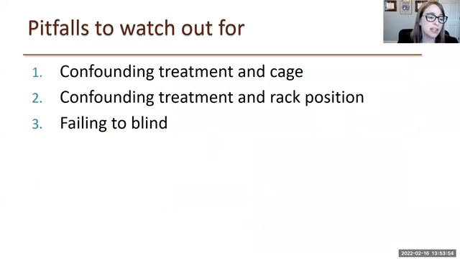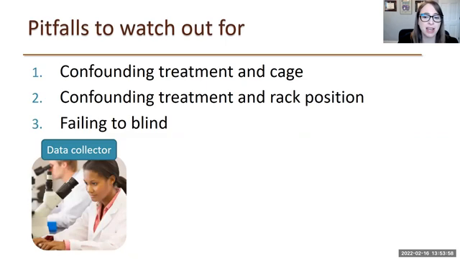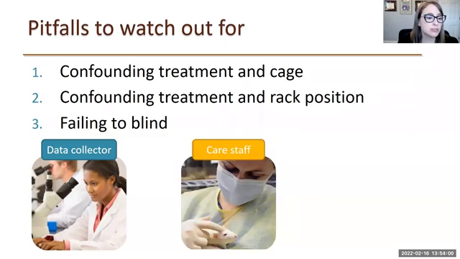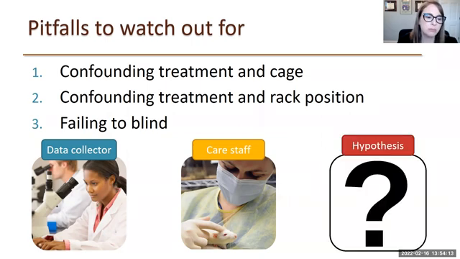Next, failing to blind. This could be the data collector, the person actually taking the measurements. This could be care staff. We know that the way animals are handled and interacted with can really affect outcomes. Even if you can't blind, because in some cases there's no way to do it, we try to blind at least to the hypothesis of our study.